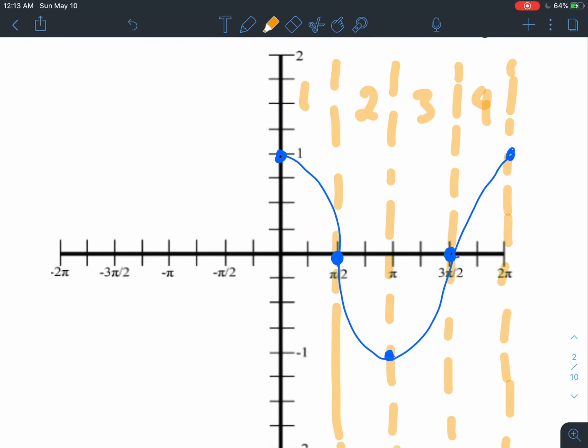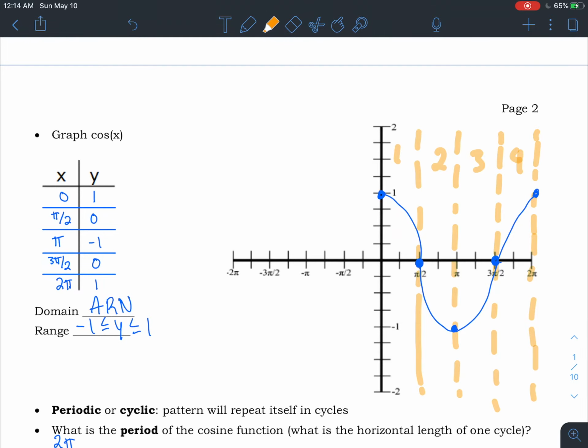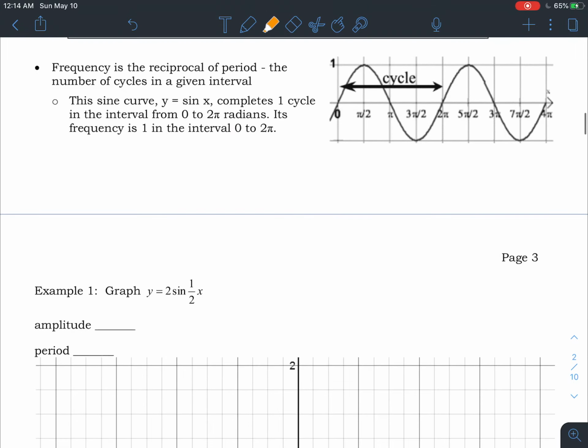So usually one full cycle goes from 0 to 2 pi, and I can split that up into fourths, and that tells me how far to go with each of those different increments, because that tells you where those different intersections happen. Where those are going to be where it's at 1, like the crest of my wave, it goes to 0, trough of my wave, back to 0, and then I'm at the end again. That'll make more sense in a second when we start actually trying to do a problem.